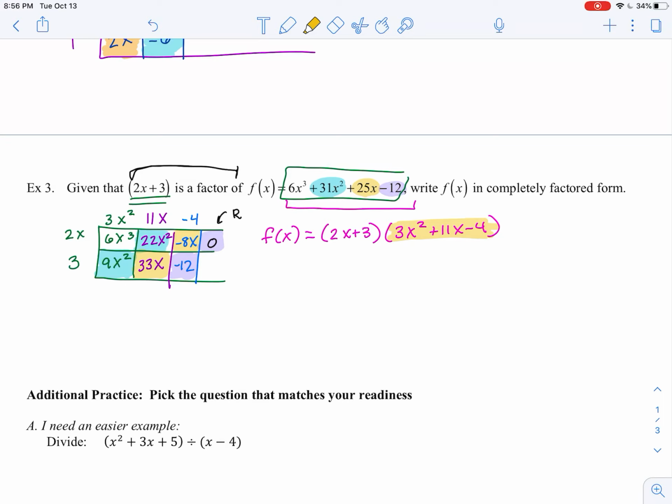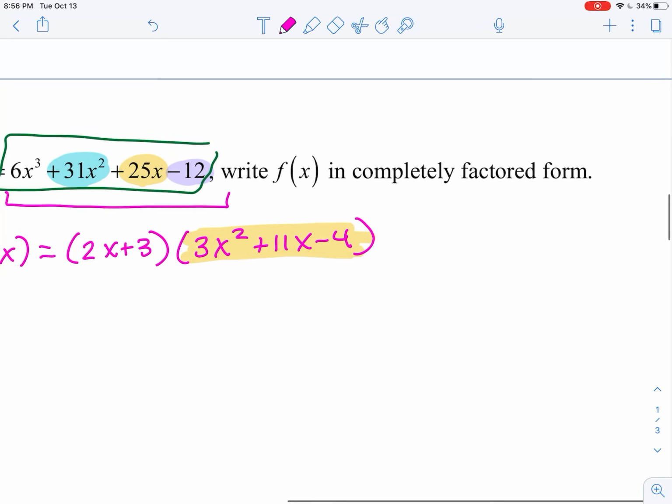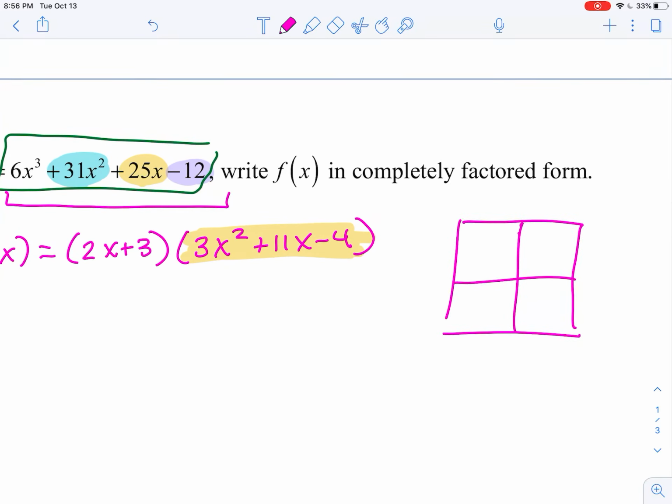I can try to factor this 3x squared plus 11x minus 4. So I'm going to do that. Let's do that over here. We're going to use the area model again, just like we have been, right? Think about that area model. We're going to put that 3x squared and the negative 4, and I should get 11x from my b terms here.